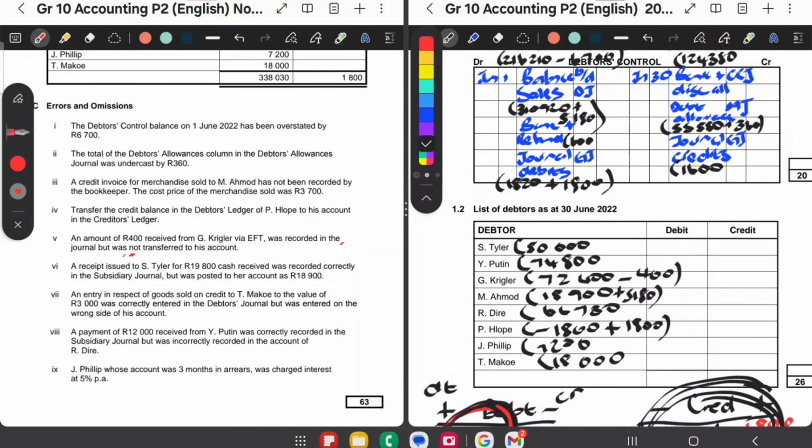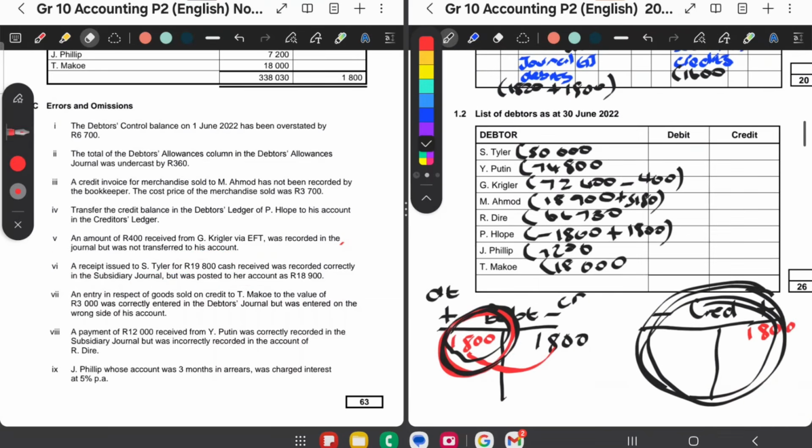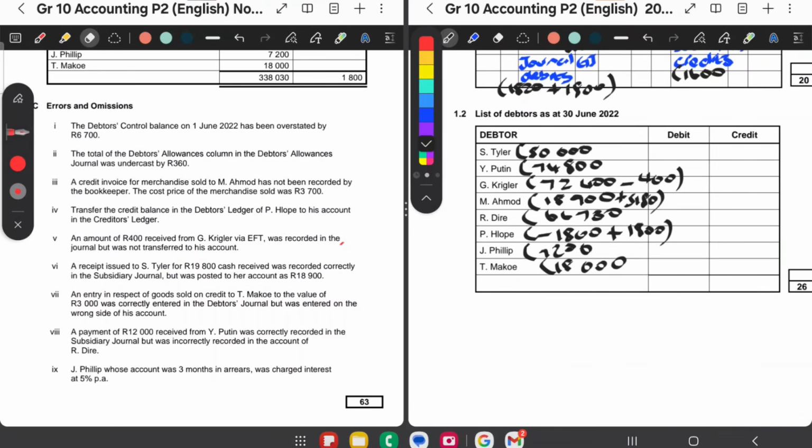So next, a receipt issued by S. Tyler for 9,800, cash received was recorded correctly. So we issued a receipt. It means he paid us. Okay, so this was correctly recorded in the journal, but it was posted to her account as 8,900. The mistake was in the list. So let's write down.